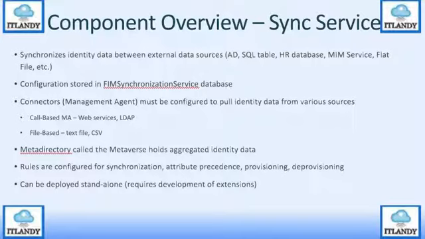Then we have rules configured for syncing, attribute precedence, provisioning, and deprovisioning from different systems. To give an example, the HR system will be provisioning the identity account lifecycle from starter to leaver, automating archiving, deleting, stripping permissions, all of these by these rules. And then it can be deployed as standalone, which requires some extension as well.